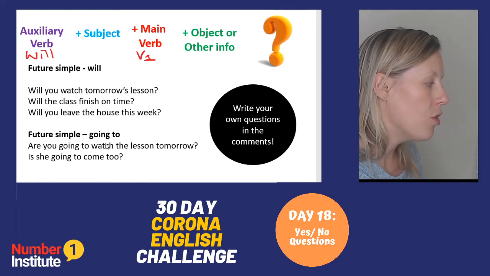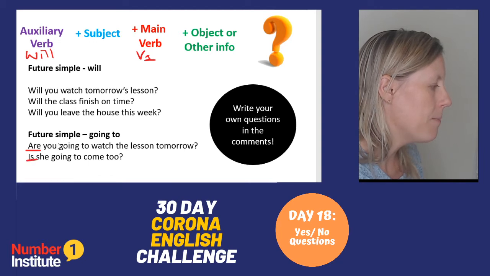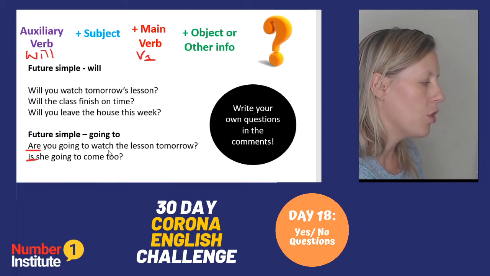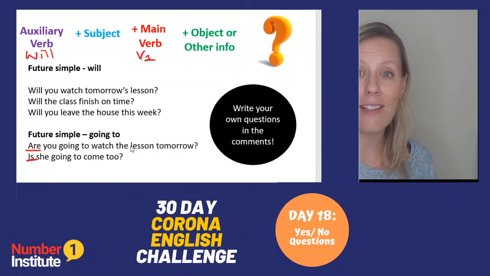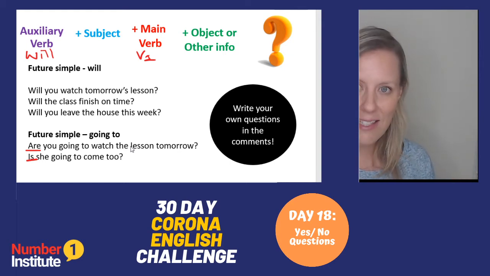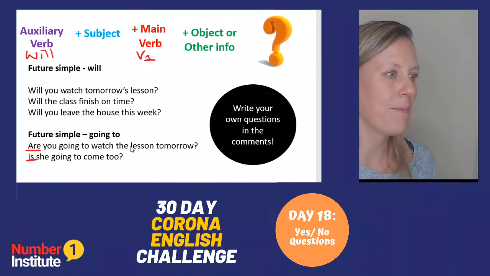We can also use going to, and then we've got the verb to be, subject, going to, and the verb. Okay? So questions are hard. Even simple yes/no questions, you have to think about the tense, and then you have to get the order of the question right.